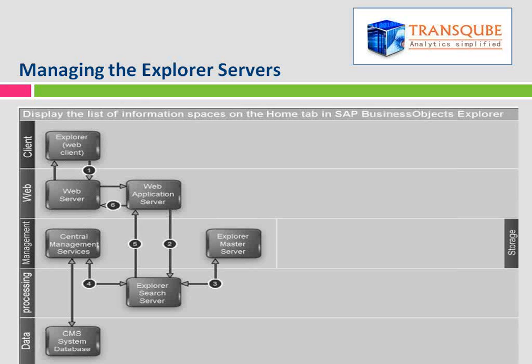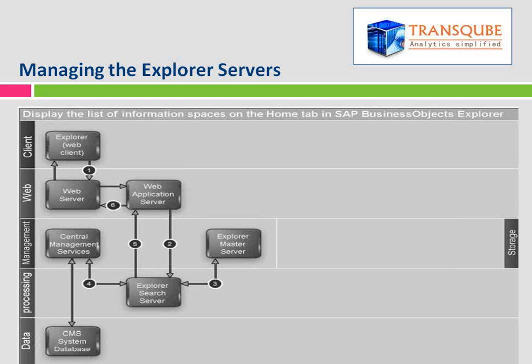Web client, web server, web application server. In the meantime, the Explorer Set Server will communicate back to the CMS to identify what is authenticated, and the areas from which he can start picking up information. It communicates back to the Explorer Master Server, telling it these are the things that he has access to.